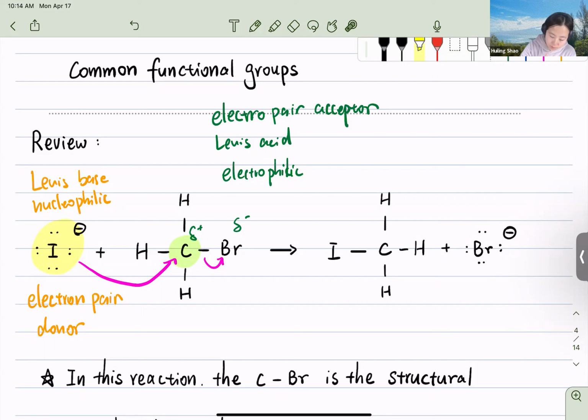You're just imagining the acid-base reaction between a negatively charged species and a partially positively charged species. And if you think about the definition of the Lewis acid and base, you should be able to derive whether a species is acting as a nucleophile or a Lewis base by just looking at the structure. Does it have an additional lone pair it wants to donate?